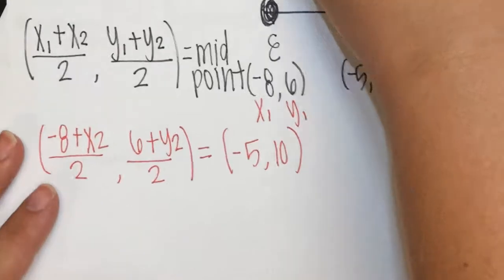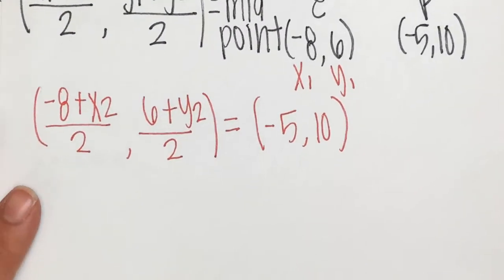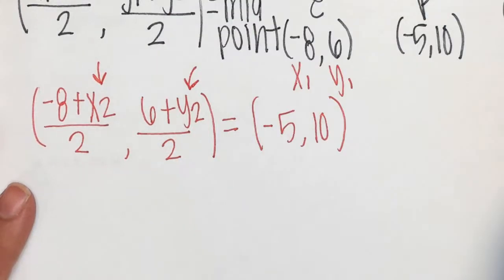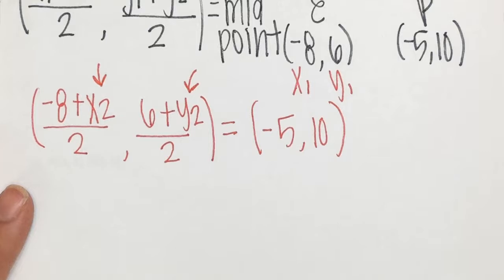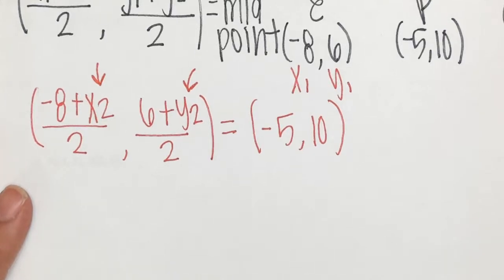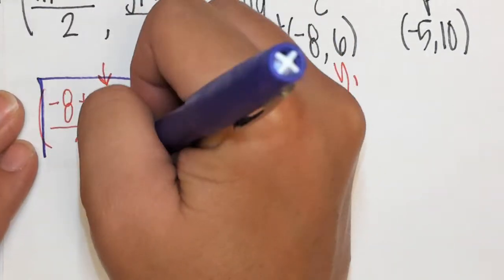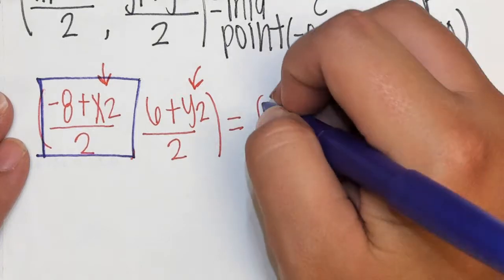Okay, here's where it gets a little bit tricky. We have to solve for x sub 2 and y sub 2. We have to solve for those. So here's how it works. You have to break this problem into two separate problems. So I'm going to box this first. So you have the x's and the x.